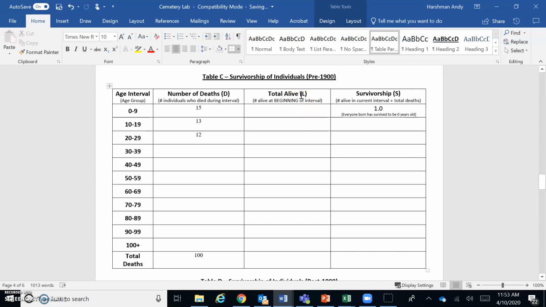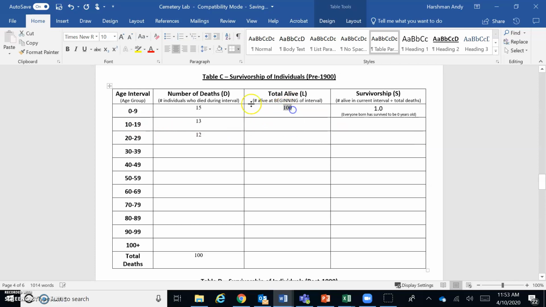So this one will be 100 because 100 people were alive before you started subtracting. So 100 alive divided by the total deaths, which is also 100, is equal to 1.0, and that's your survivorship number.